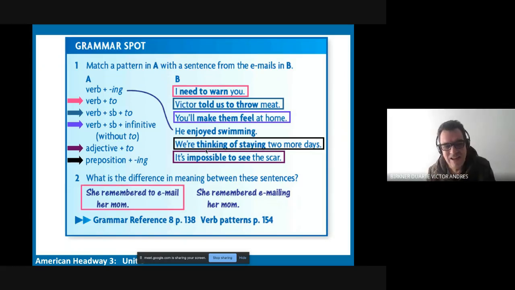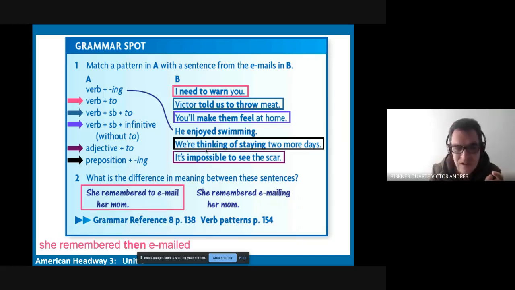And I remember that in the last class we gave a lot of attention to this verb. Remember plus to and remember plus ing. And we have here 2 sentences, but the meaning is different. For example, she remembered to email her mom, and then we have she remembered emailing her mom.